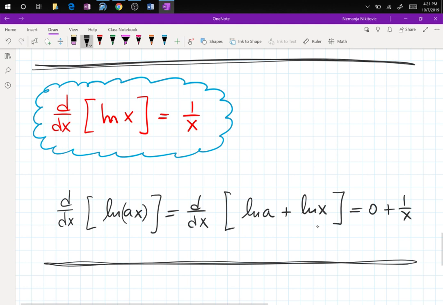The derivative of e to the ax is a e to the ax, and finally the derivative of ln x is 1 over x. So these are the formulas, the rules, and now the formulas for differentiation are all in one spot.